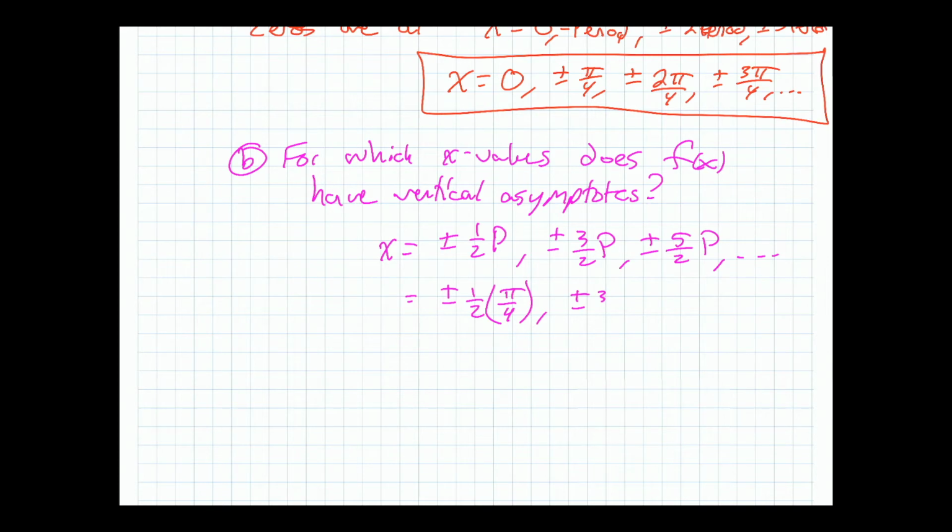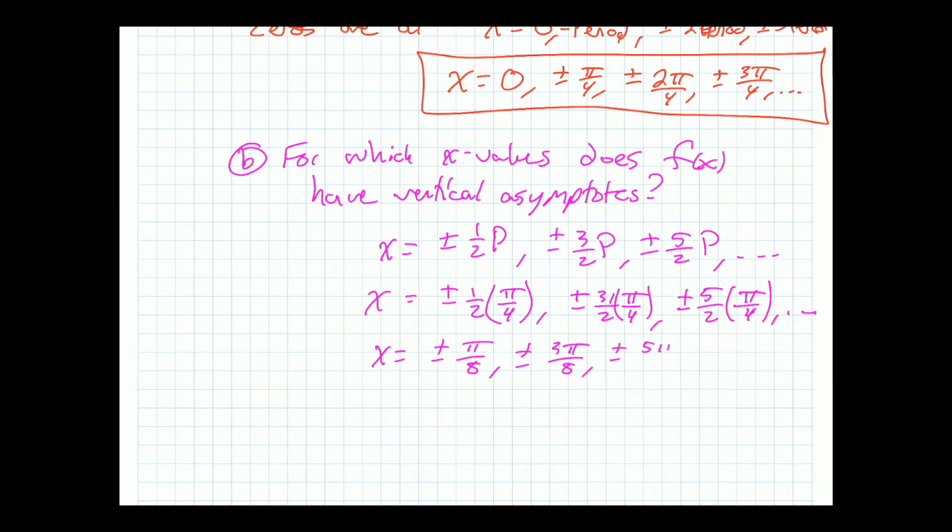Plus or minus 3/2 pi over 4, plus or minus 5/2 pi over 4, dot, dot, dot. So if you work those out, they're plus or minus pi over 8, plus or minus 3 pi over 8, plus or minus 5 pi over 8, dot, dot, dot.